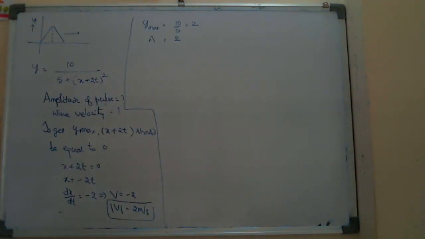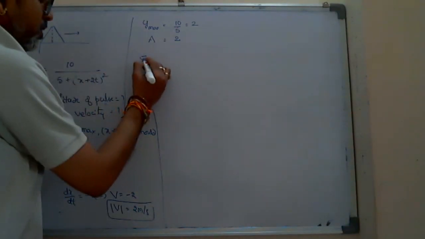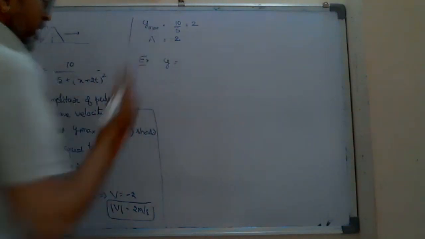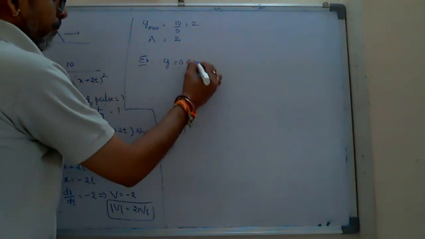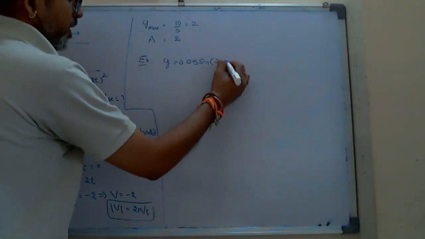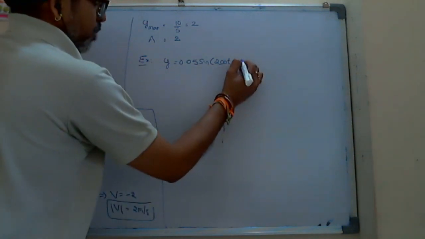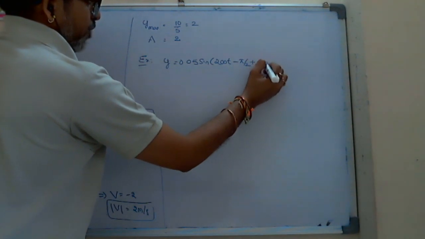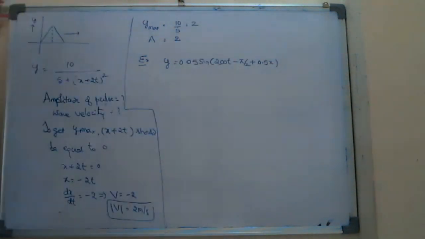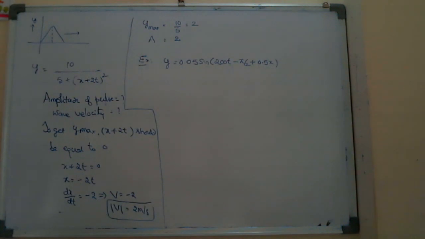Okay, Nana? Yes, sir. One wave equation is given as another example. I am writing y equals 0.05 into sine (200t minus pi by 2 plus 0.5 x). Look here, Nana, these types of equations are actually very dangerous for us.